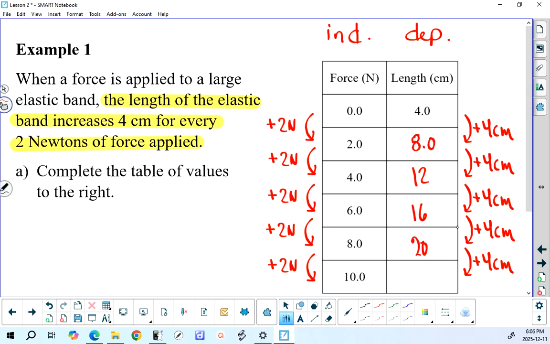Plus 4 is 20. And then 24. So the table of values is completed. And the fact that those consistent changes to the variables are there, the variables are changing in a regular, consistent way, or the fact that what I've highlighted in yellow tells you that, means this will be a linear relation.